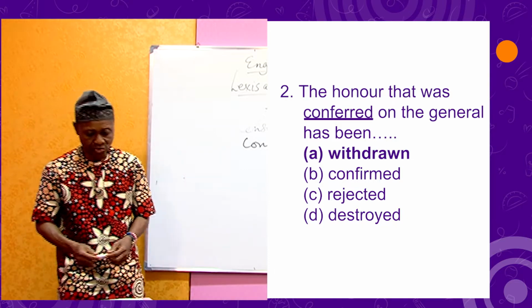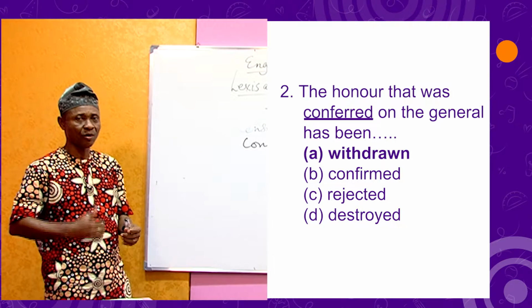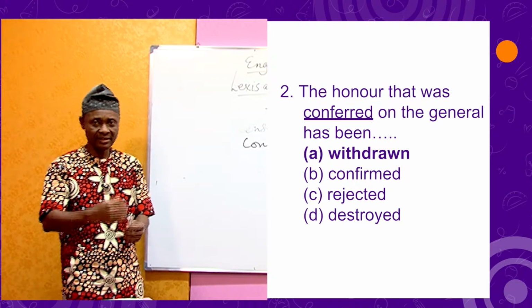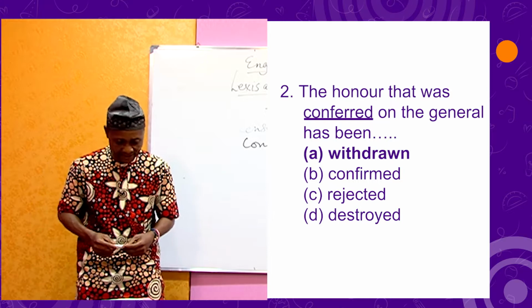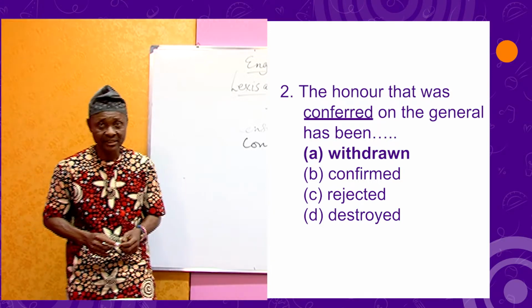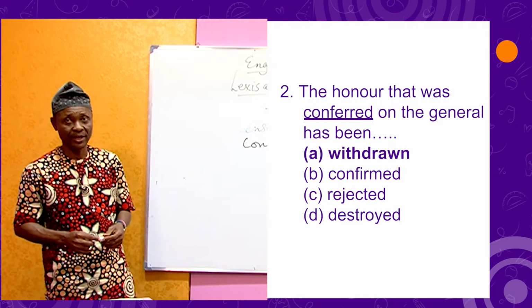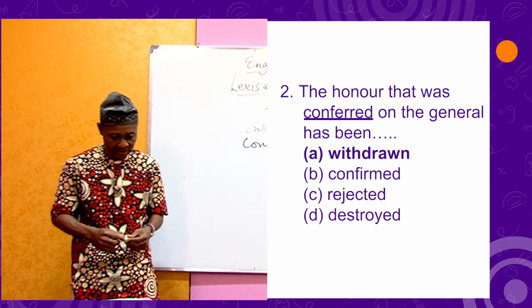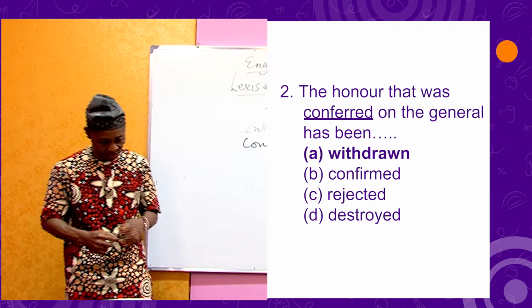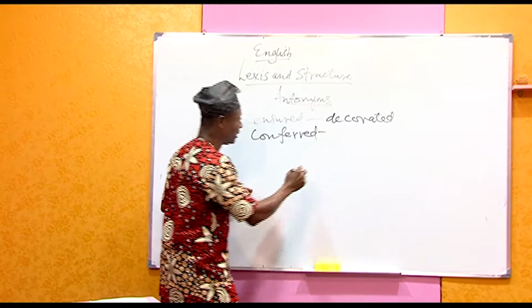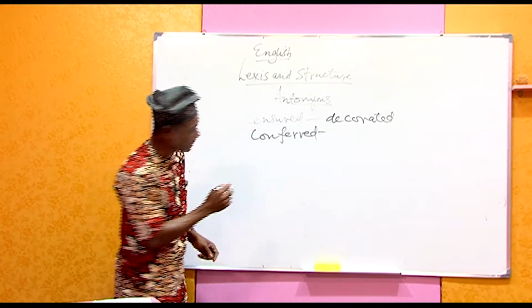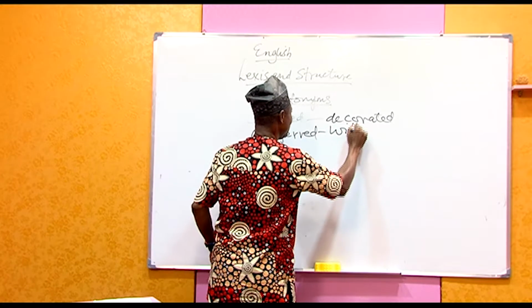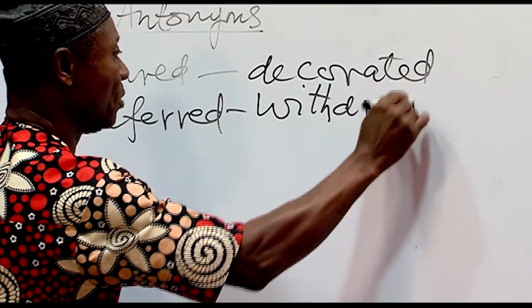D, destroyed. When something is conferred on somebody, it is a kind of honor that is being done to that person. And in this case, withdrawn is the opposite, which is option A, and that is the correct answer to that very question. So it is withdrawn that will be the opposite of the word.